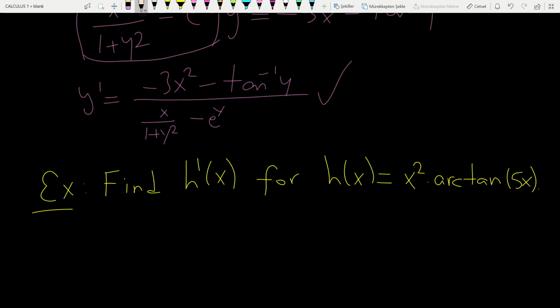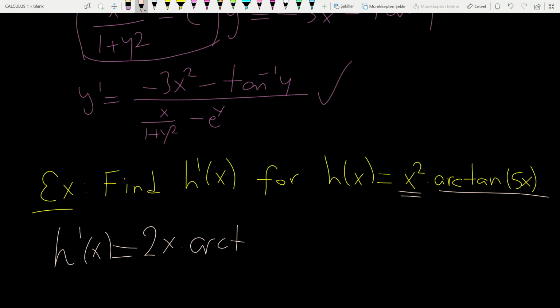So derivative of h of x is equal to derivative of first component. You have the multiplication of two functions, x squared and arctangent 5x. Derivative of x squared is 2x. Derivative of first one times second function, arctangent 5x, plus the first function, which is x squared, times derivative of arctangent 5x.